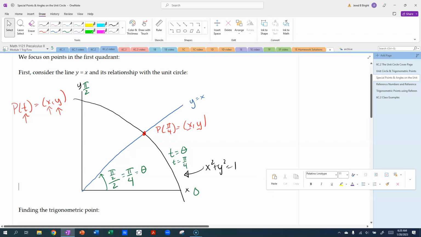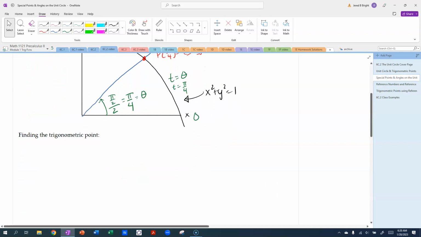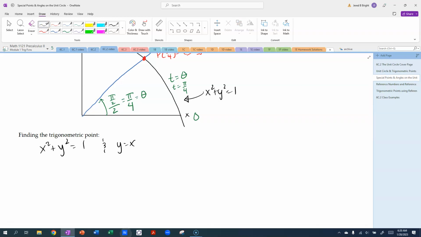We do that by our handy-dandy equation of the unit circle: x squared plus y squared is equal to 1. Remember that y is equal to x, so we substitute x in for y. x squared plus x squared is equal to 1.